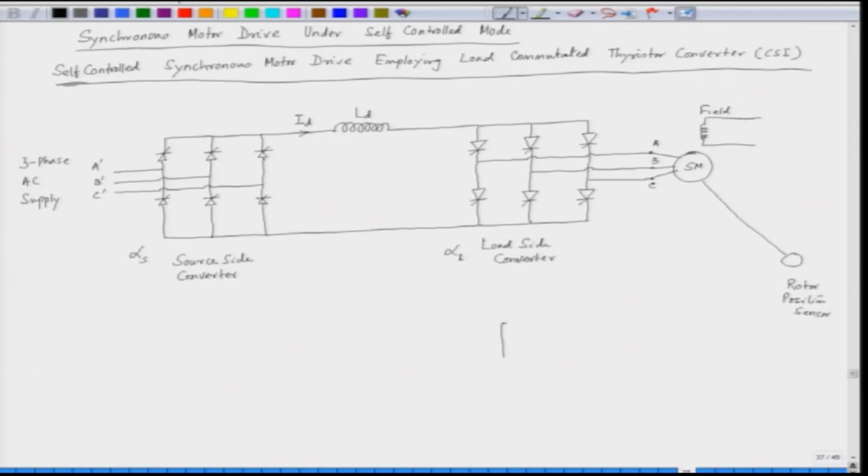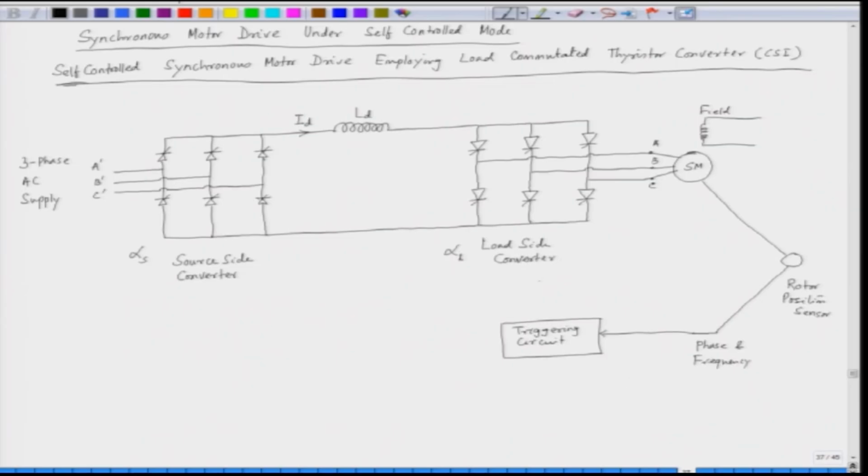Here we have the triggering circuit, and the triggering circuit gets the information from the rotor position sensor. In fact, the information that we get is the rotor angle, the phase information, and frequency information.